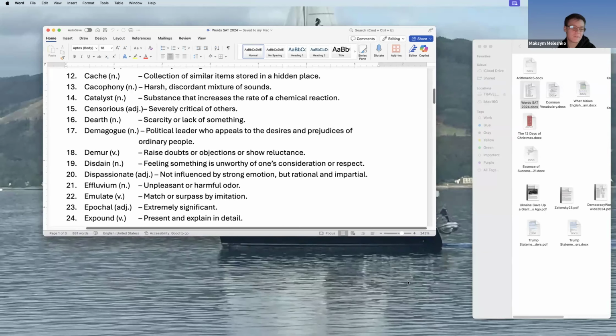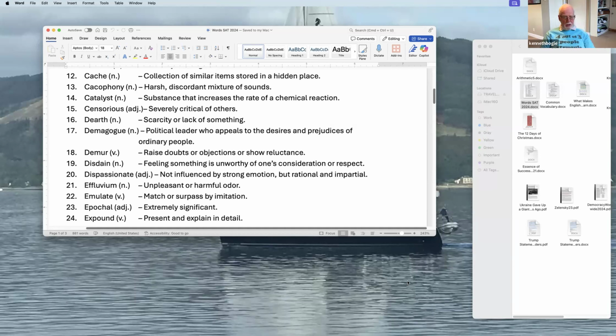So, the valve is cache. Yes. 13, cacophony. Cacophony, yes. 14, catalyst. Catalyst. Okay. 15, cancerose.